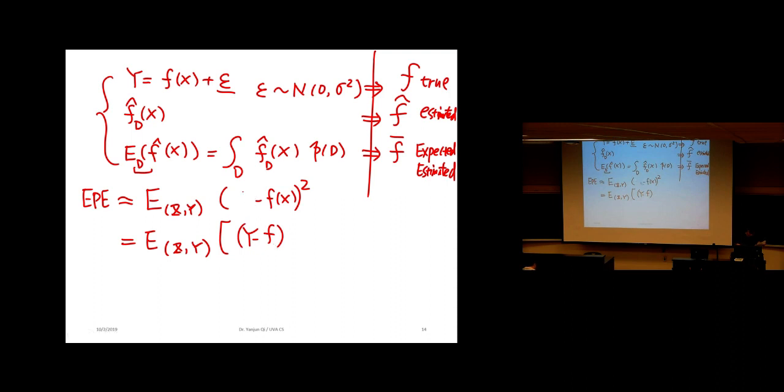So this is y, my observed y, minus f(x), and y minus f plus the expectation of f minus f hat, because this is actually f hat. There's another level of quadratic here. Okay, question about this? So y variable minus the predicted f(x), take the quadratic, which is the same as our previous MSE error.